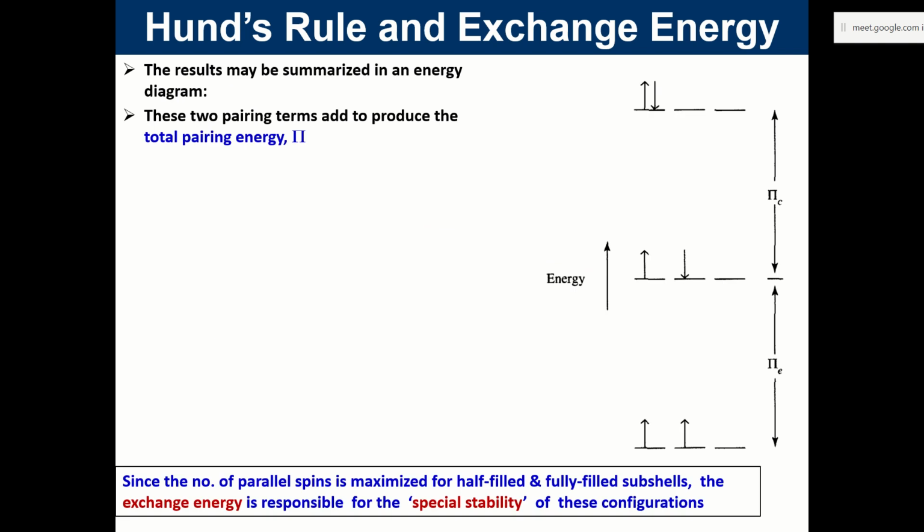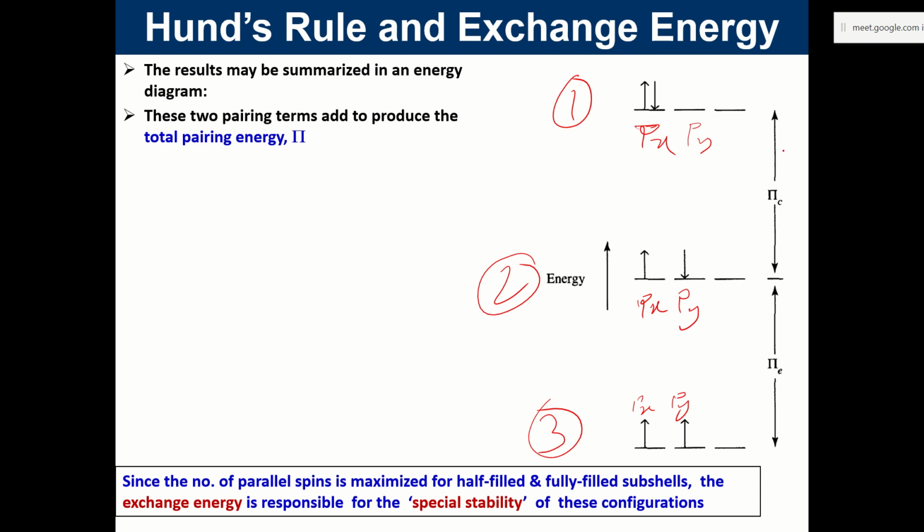And now if we try to put it as an energy level diagram, then this is what we have. The situation 1, the situation 2, and situation 3, when you were putting both the electrons in px and py with parallel spins.